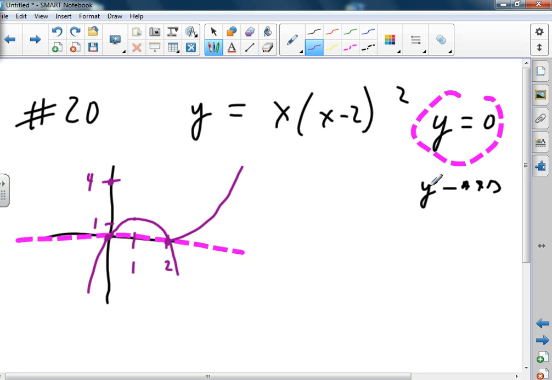And we're rotating about the y-axis, so we're going to go that way around the y-axis. Okay, so the picture's right.